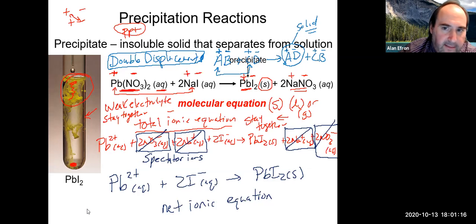Question on any part of those equations there? Okay. So how do you know, if you put these two ions together, whether you would expect to make a precipitate or not? That's where we look at something known as solubility and solubility rules.